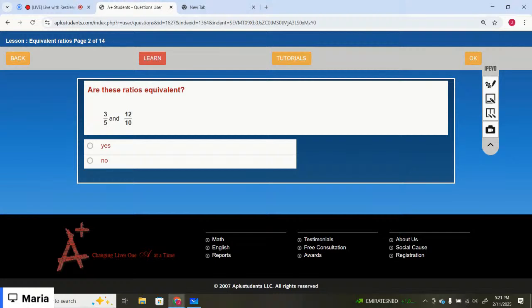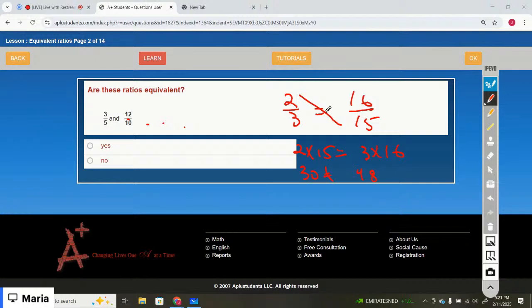Are these ratios equivalent? 3/5 and 12/10. So let's just see if they are equivalent.